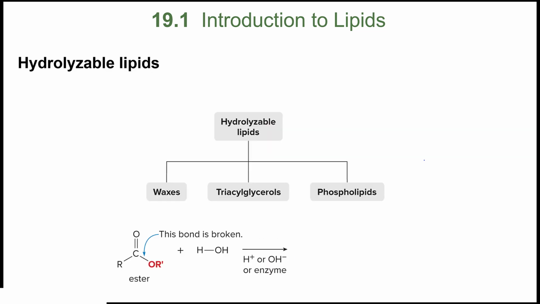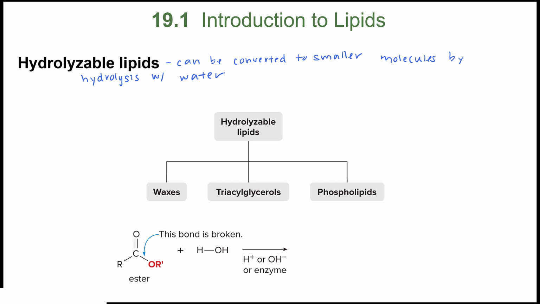Lipids are hydrolyzable. This means that they can be converted into smaller molecules by hydrolysis with water. And remember, in Chapter 17, we used water to hydrolyze esters and amides back to carboxylic acids.